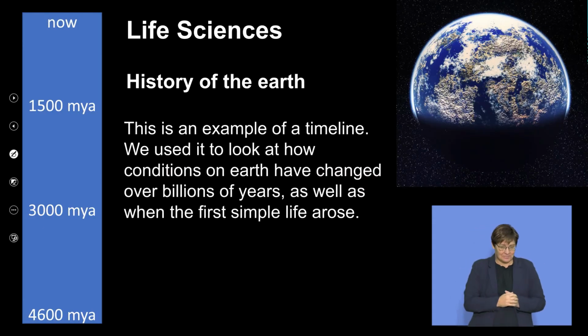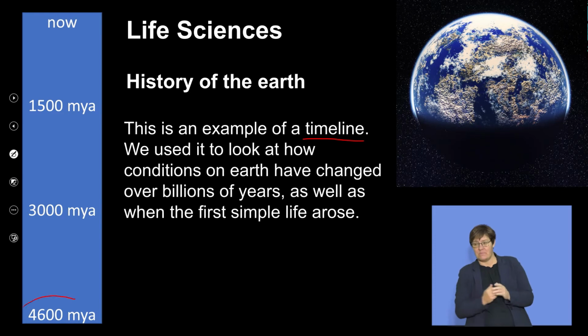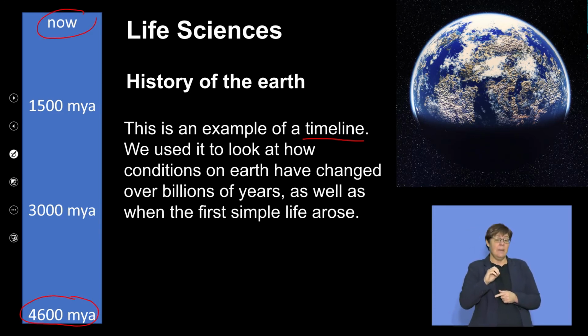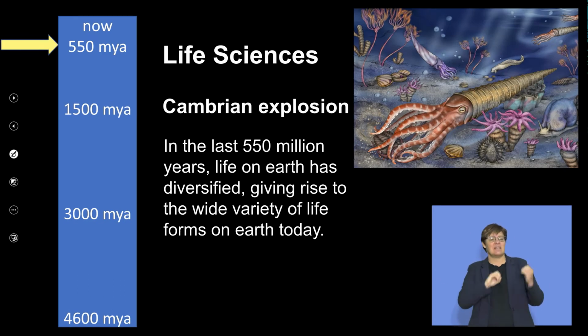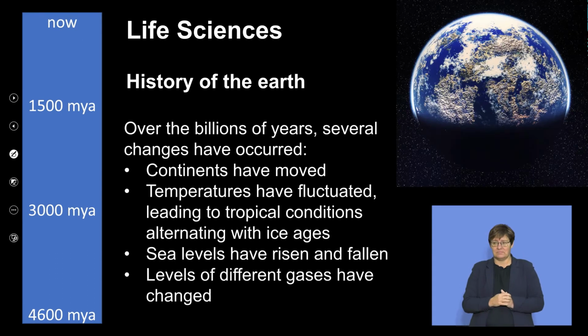We started off with this example of a timeline starting 4,600 million years ago and ending now. And we looked at how conditions on Earth changed and also when the very simplest cells first arose. Over the past billion years, lots of things have changed.